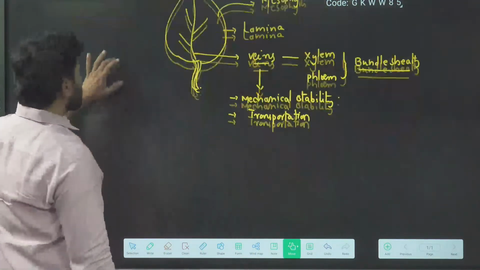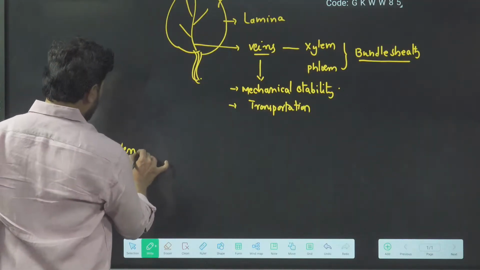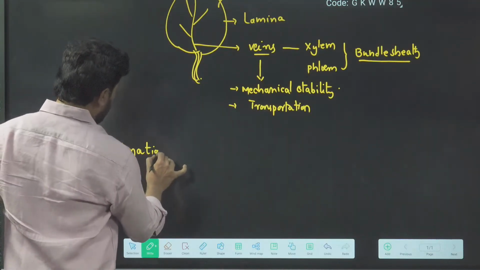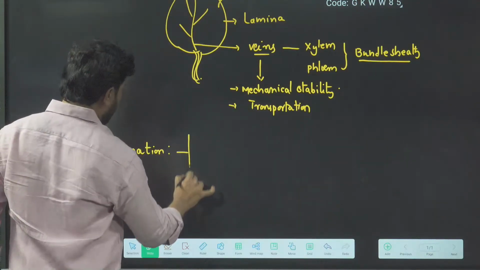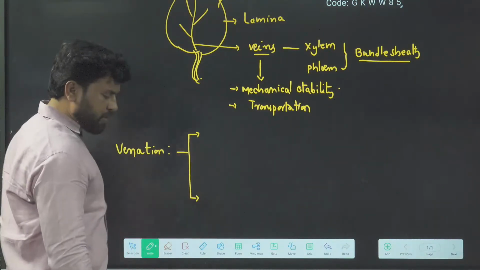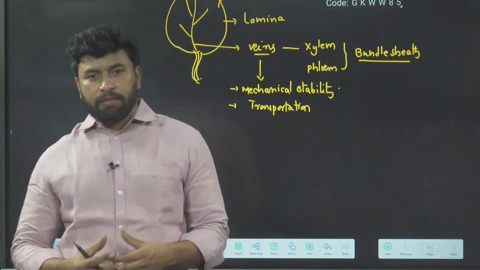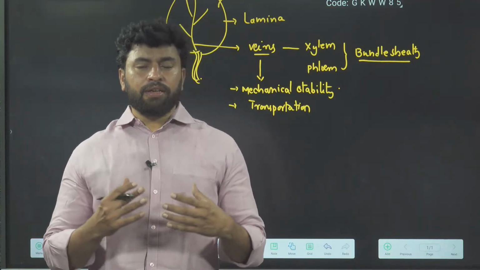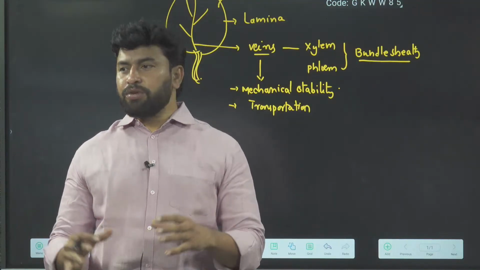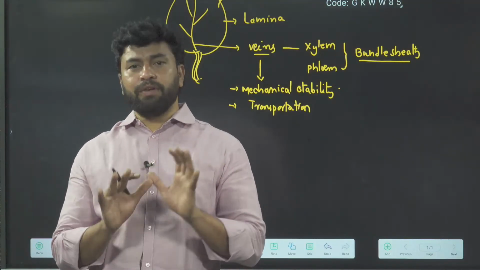Next, come to the exact part that is called venation. When you talk about venation, mainly there are two types. I am saying mainly; there are various mechanisms regarding vein arrangement. Since we are strictly following the content given in the NCERT book, we will follow only the statements and the principles given in our NCERT book.